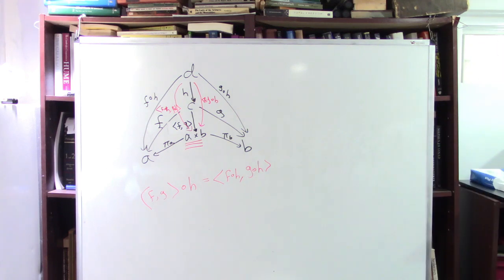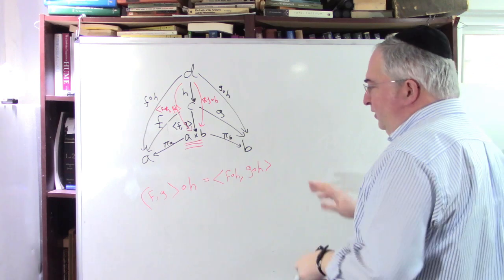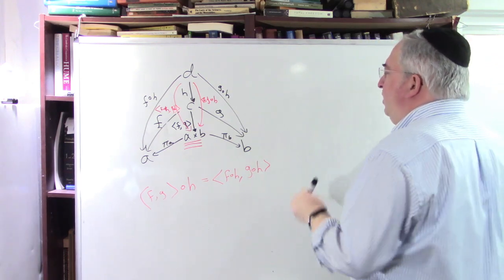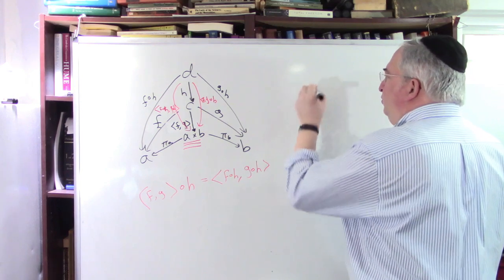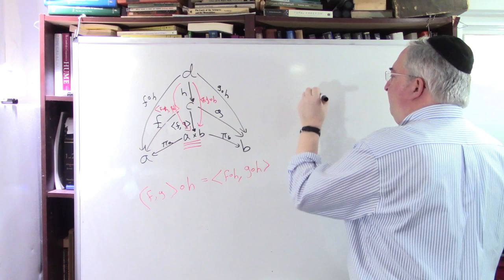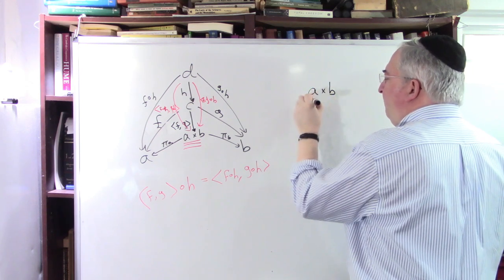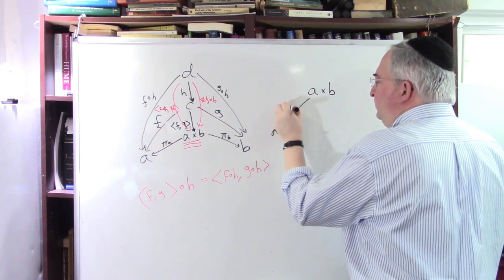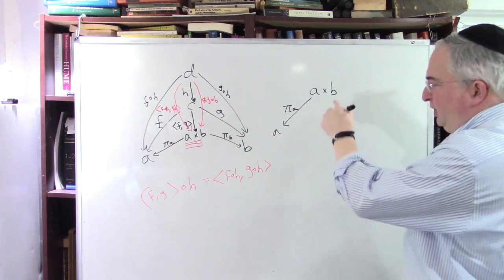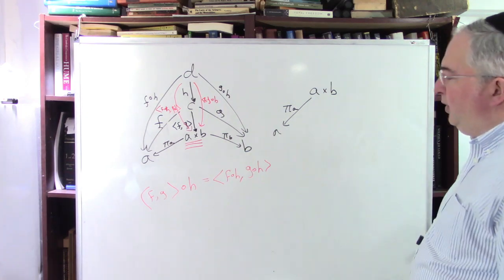Okay, let's talk about another topic. I'm just going to mention this, but the book goes through a lot of this. When I do this, okay, so product A, projection on A. So you know what that is.